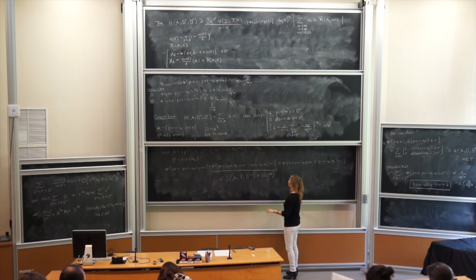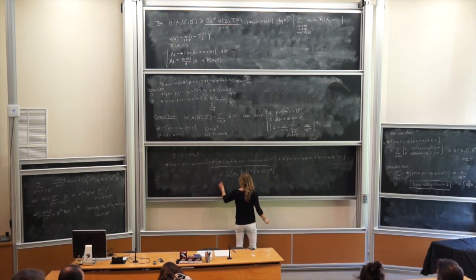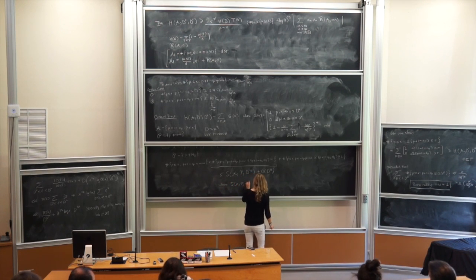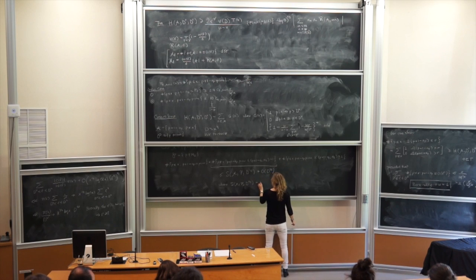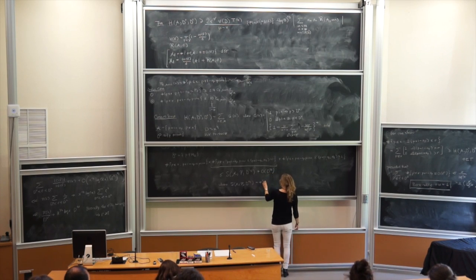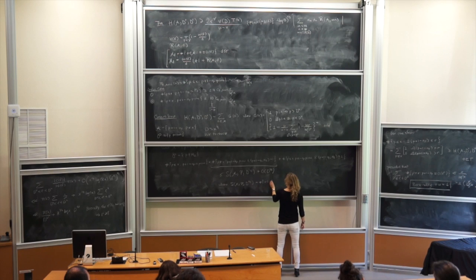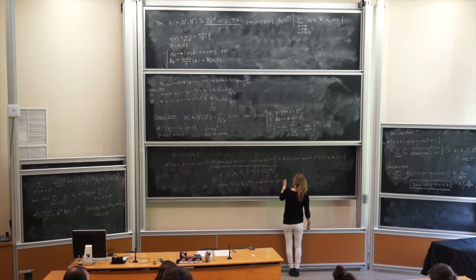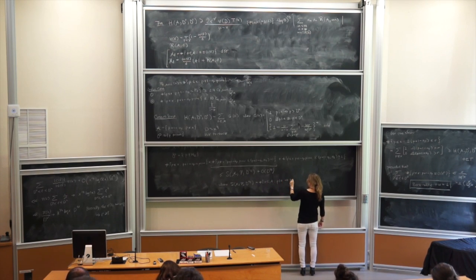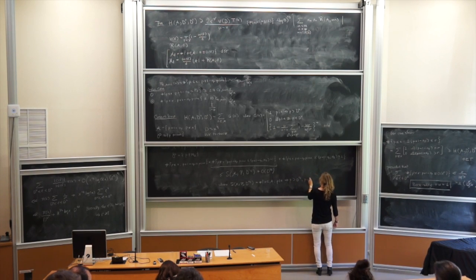I claim that this is true, and that's a trivial thing, and that's the usual sieve notation, S(A, P, D to the 1/2). It's the number of a belonging to A such that p divides a implies p is bigger than D to the 1/2. And of course, I have P belongs to the set of primes.